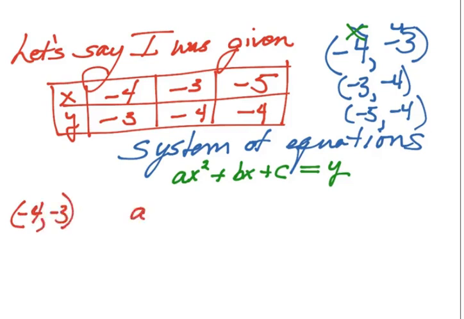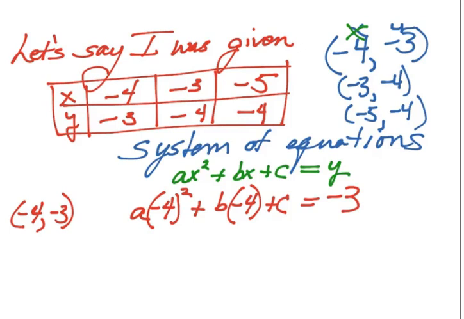Well, I don't know a, but I do know x. And what is x? -4. I don't know b, but what is x? -4. I don't know c, but I do know y, because this is x and this is y. So now I have this nifty equation. How many of them do I need? Oh, I need 3, don't I?